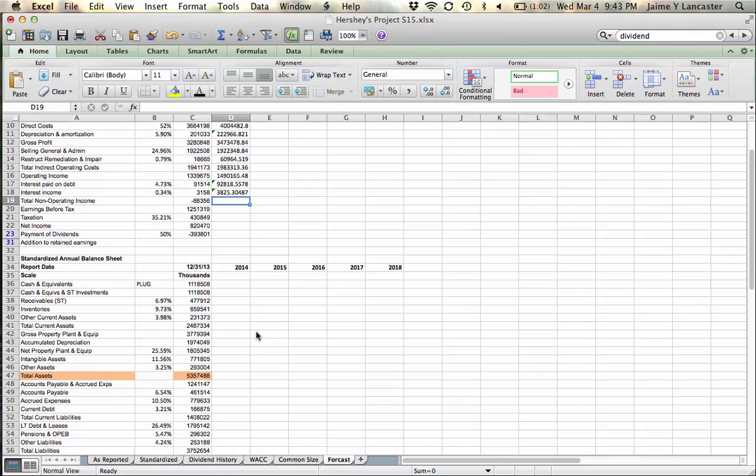Which means that our total non-operating income, get this, is going to be equal to negative interest paid plus interest income, right? This number is then going to probably be negative, and it's our only expense that's entered as a negative number. You can adjust them so they're all entered as negative if that makes more sense to you, but I leave this one negative, and that's the convention that interest can be positive or negative, and you need the sign to tell.